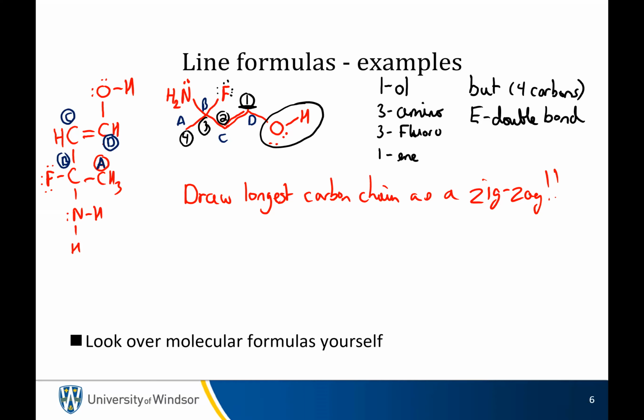So those are our components to this molecule. And so if I'm putting this together, I'm going to write it in alphabetical order, 3-amino, 3-fluoro. I'm putting hyphens between letters and numbers. I put commas between 2 numbers.